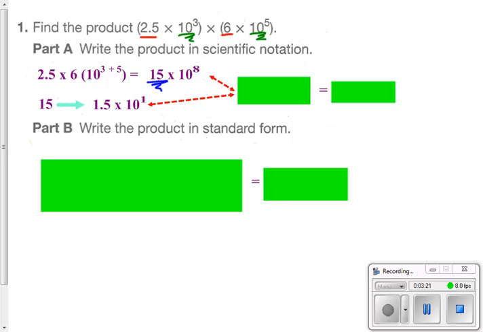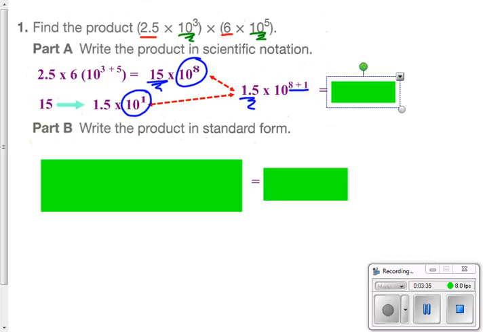Now you're combining your answers. I don't have 15 anymore, I have 1.5. I'm going to take my 10 to the 8th times my 10 to the 1st. When I do that, I add my exponents, and I get 1.5 times 10 to the 9th power. The next thing they're asking you to do is write it in standard form. Standard form is the answer.